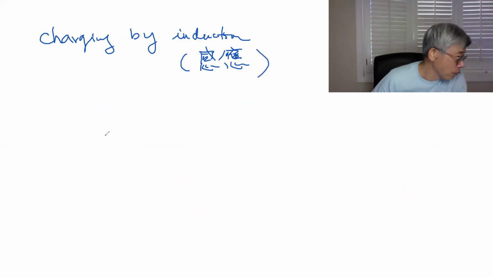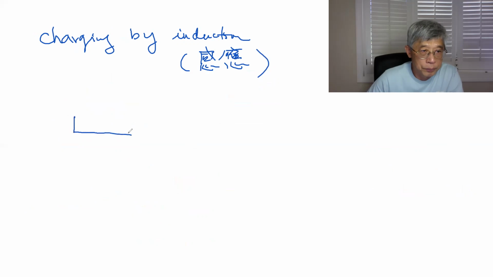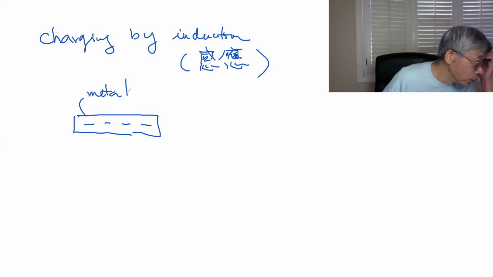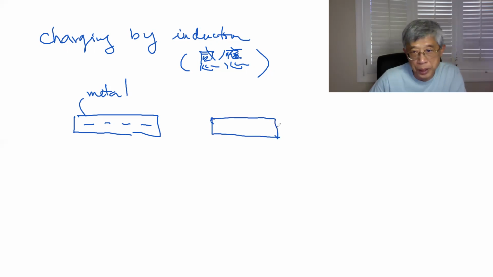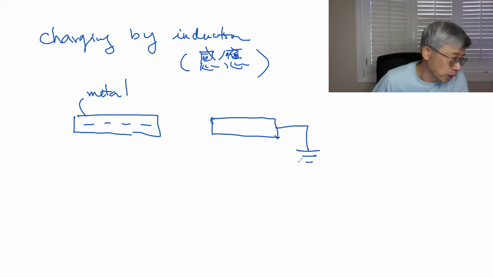So let's say you have something with negative charge, and it's a metal again. And then you have a neutral metal, but it's actually connected to the ground, like that.